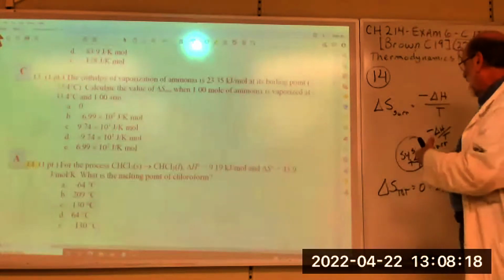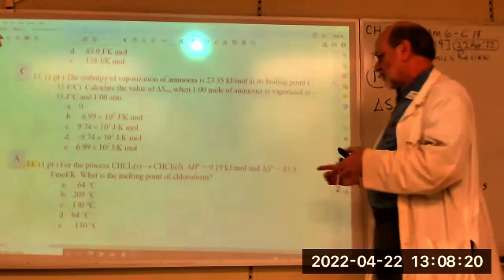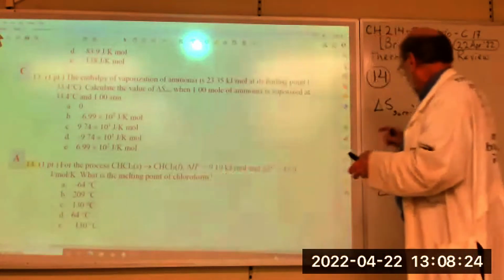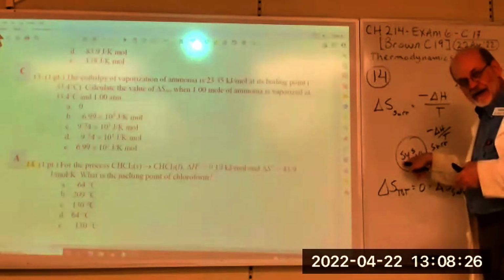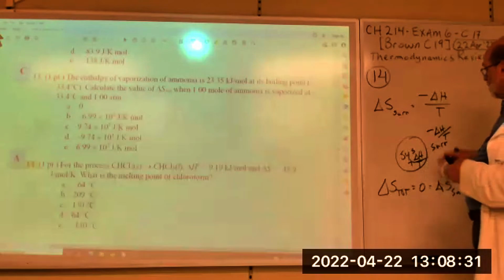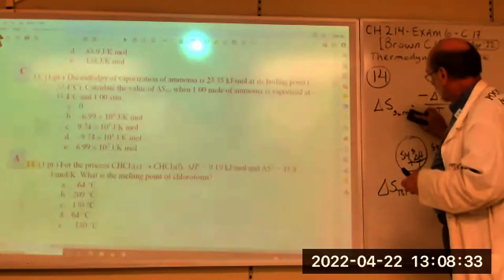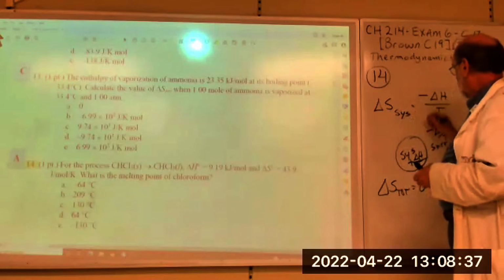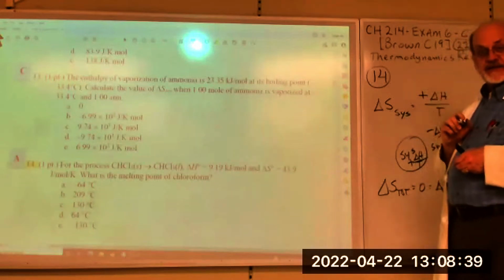So with that knowledge, if the question is, what's the melting point? The melting point references to what's going on in here, not out here. So for this one, all we have to do is change that to the system, and that's a positive sign.